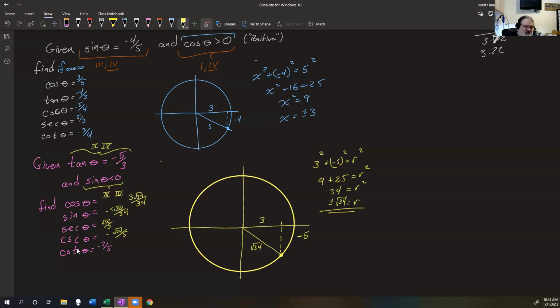And at the end of the course, when we start dealing with polar coordinates, that distance from the origin can be negative. So it does come up later in applications. But since we knew we were finding a radius from the very beginning, we knew it was going to be considered positive.